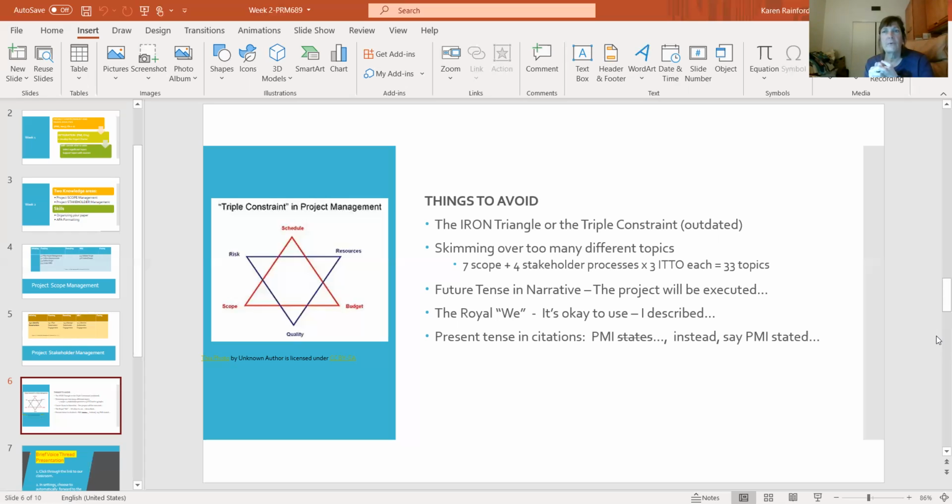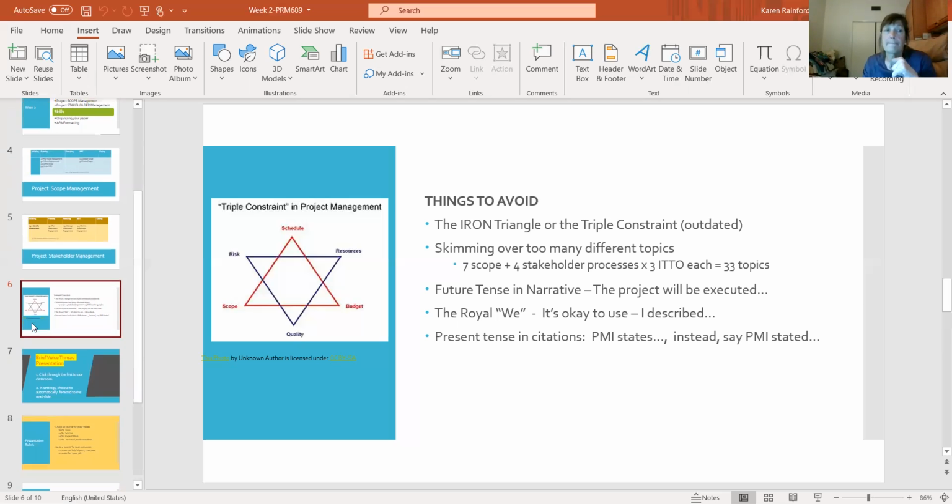Whether or not it's a direct quote, you really want to be able to say, I am using the concept in the same way that PMI used it in this particular edition of this particular book, or this particular published date of this particular book. And that's why we're always referring back. They said, they stated, they interpreted. It's always past tense, not present.